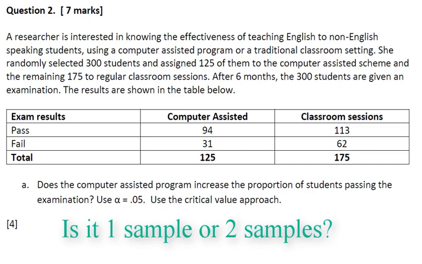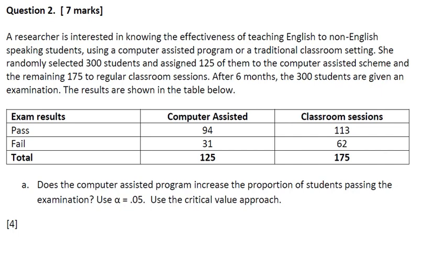We have the sample of the students that were provided the computer-assisted program, and the sample size for that group is 125. And you have another group, another sample of students to whom the traditional setting was provided. And what's the sample size for that group? 175. And so this is a question about proportions with 2 samples.